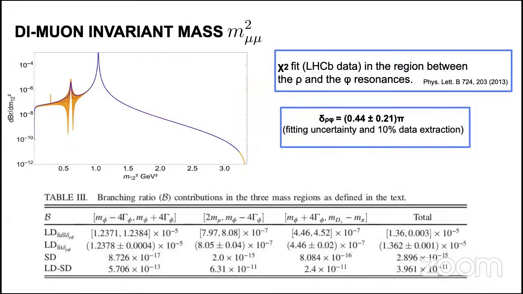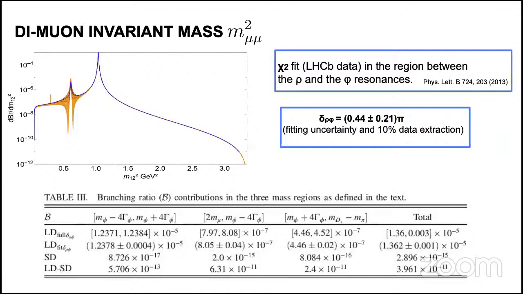In this plot, we have the dimuon invariant mass, and the orange region is considering all values of the phase rho phi, and the blue line is the central value 0.44 pi, and the dashed lines are the region considering the error.